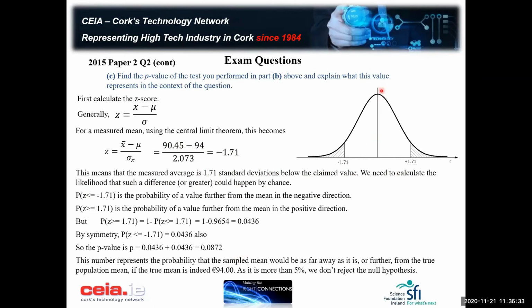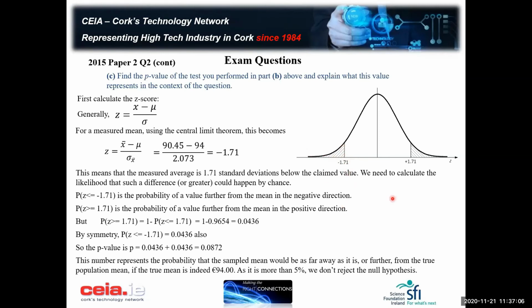So if we look at the standard normal curve here and look at the z value of minus 1.71, then this hatched area here is the probability that you could get a value that was at least 1.71 standard deviations below your mean.